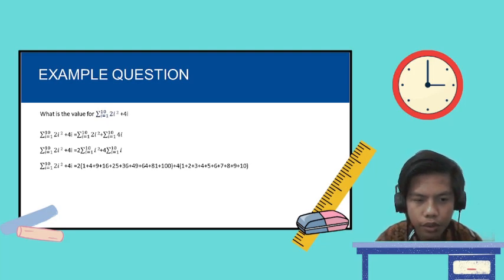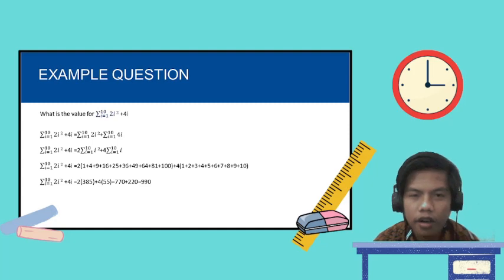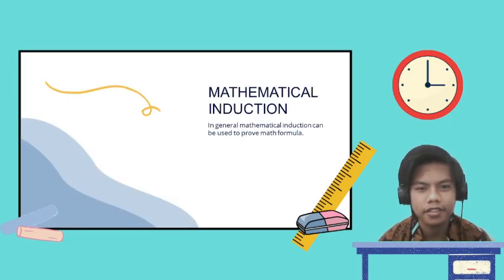And so we have 2 times 385 plus 4 times 55. And so that is equal to 770 plus 220, and so the result is 990.